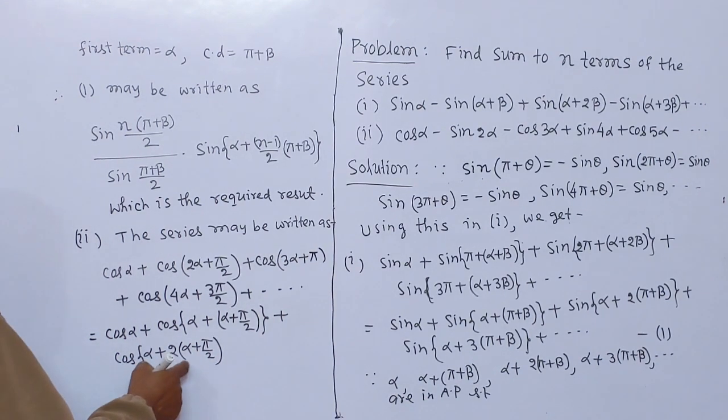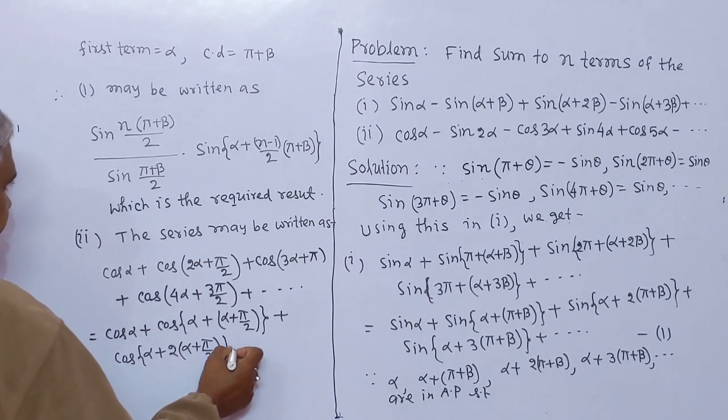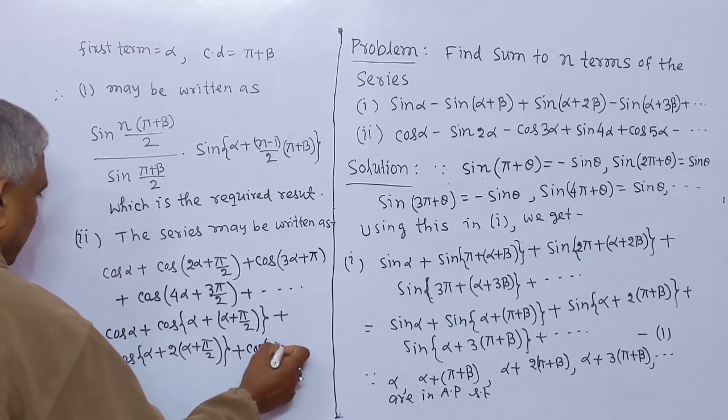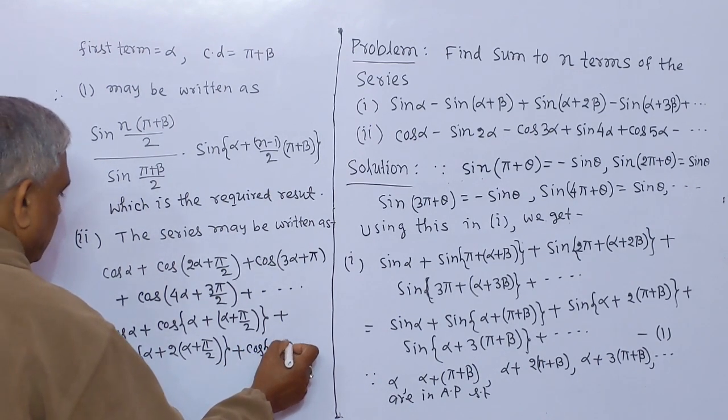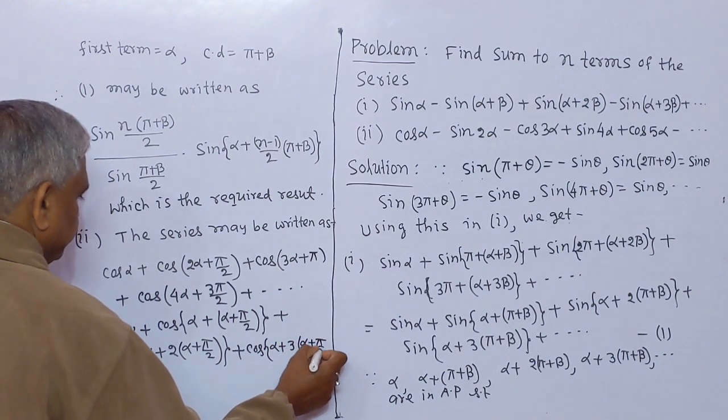This is alpha plus 2 alpha equal to 3 alpha, and this is pi, 2 multiply pi by 2, plus cos alpha plus 3 alpha plus pi by 2.